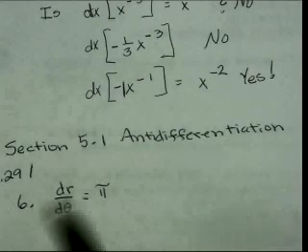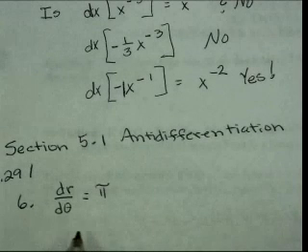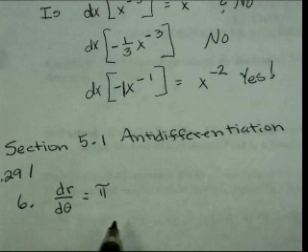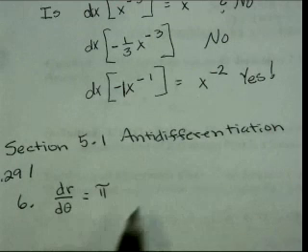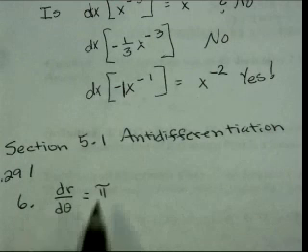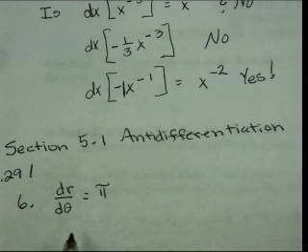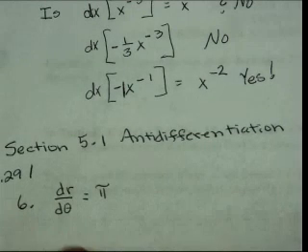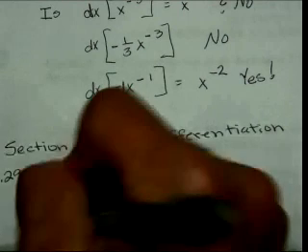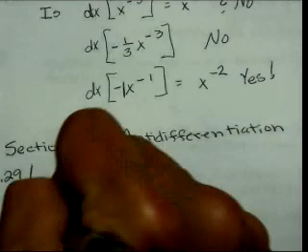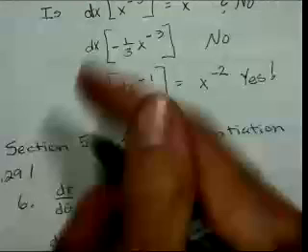That's the change in the radius with respect to the angle theta is pi. And the directions say find the general solution of the differential equation. This is a differential equation because it involves a derivative. But now that we know that the dr really means something and the d theta really means something, we could multiply both sides by d theta and have dr equals pi d theta.